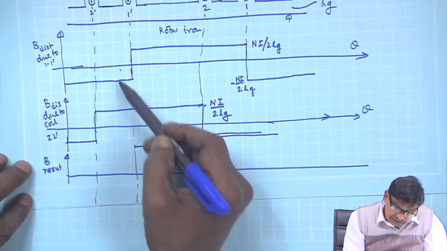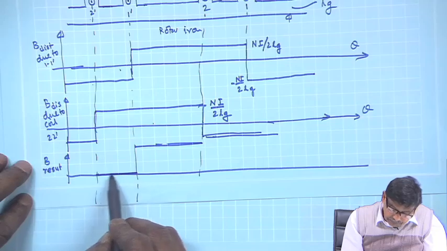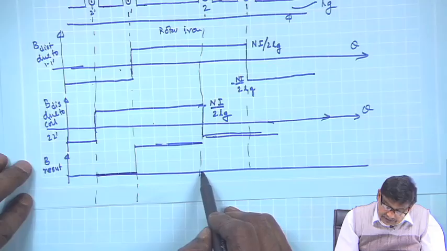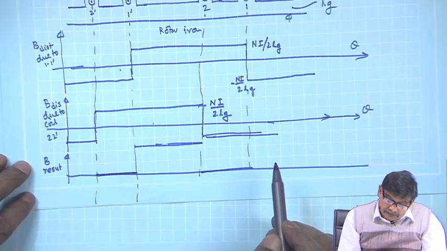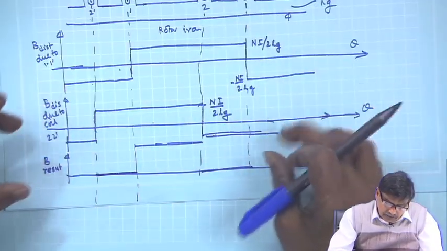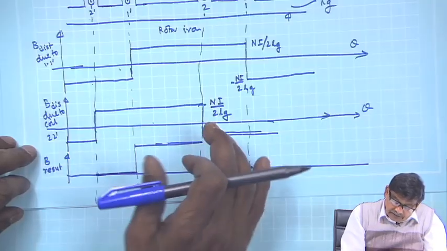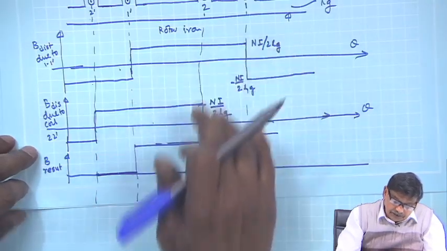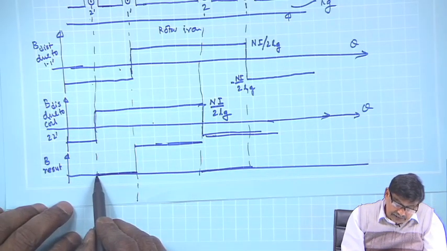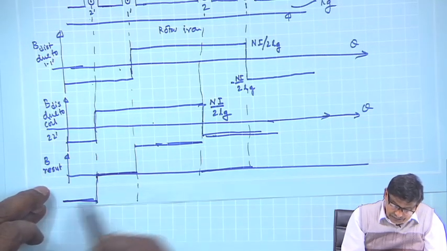So, during this zone it will be 0, and during this zone it will be once again 0, and thereafter in this way I can go on adding these two MMF obtained separately for each of the coils and add them up. And then on this side it will be negative, of this amplitude.